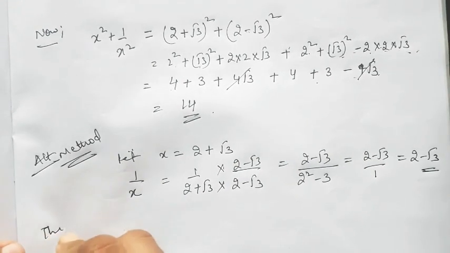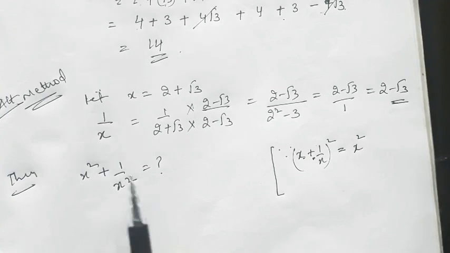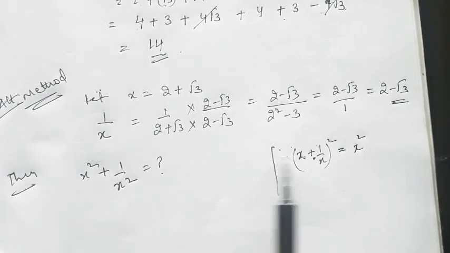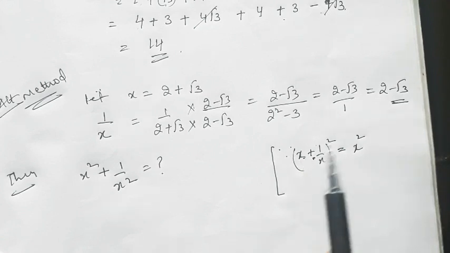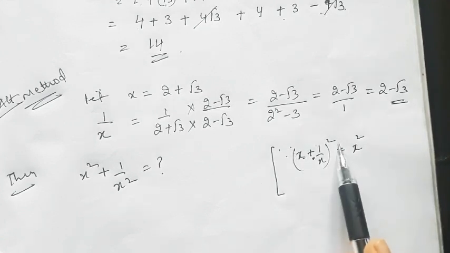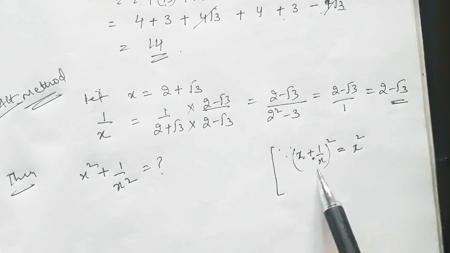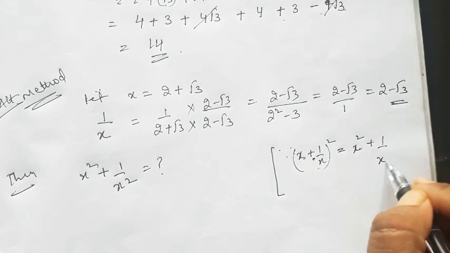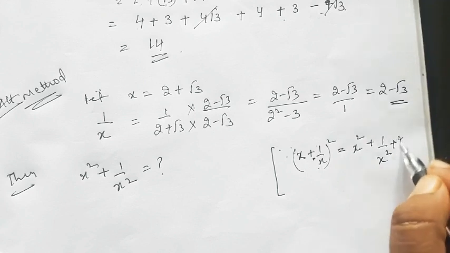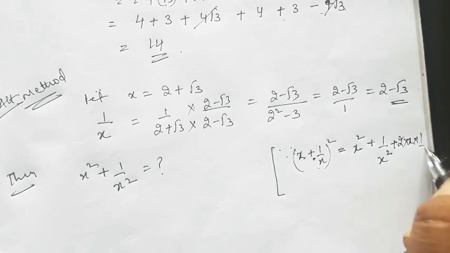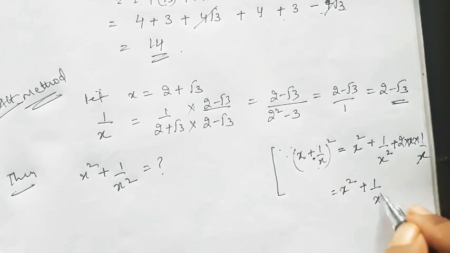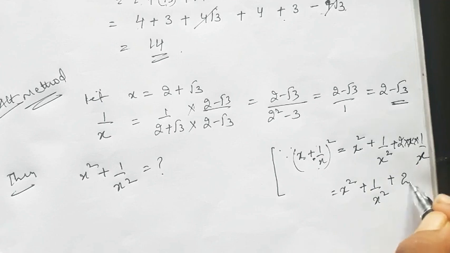Now we need to find x square plus 1 by x square. One formula you need to remember: x plus 1 by x whole square, which is the same as (a plus b) whole square, will be x square plus 1 by x square plus 2ab, that is 2 into x into 1 by x. So that cancels out and we are left with x square plus 1 by x square plus 2.